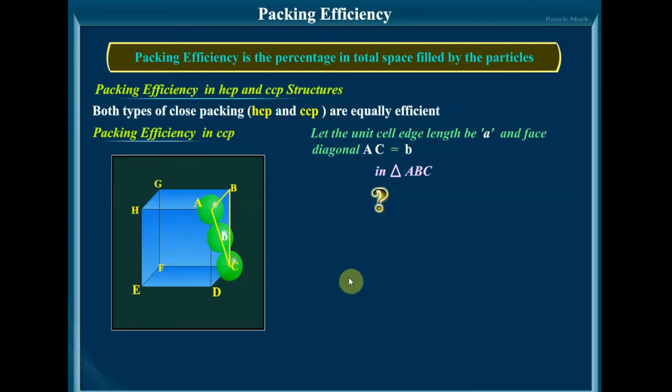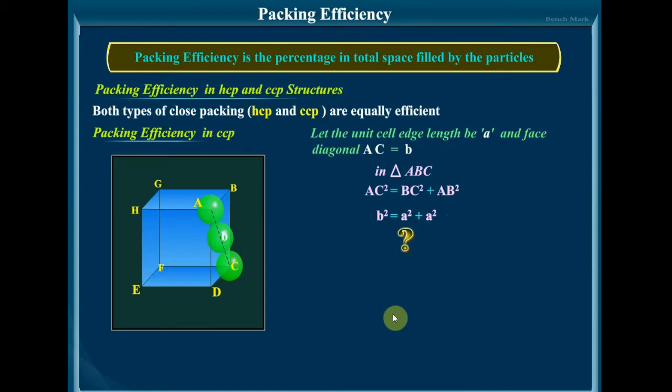In this triangle that you can see, ABC, it is a right-angled triangle. AC square is equal to BC square plus AB square, and AC is taken as B. So B square is equal to BC square, which is the edge length, taken as A, so it is A square.